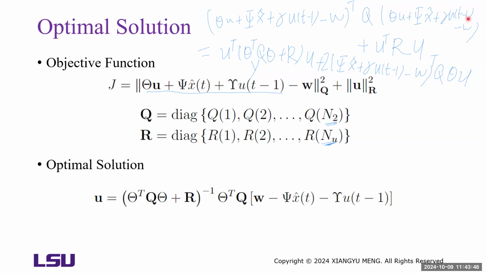If we write this as half, here we have 2, so this is H, and this is B transpose.